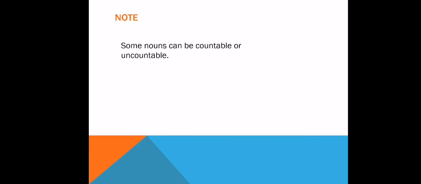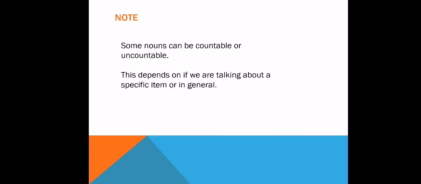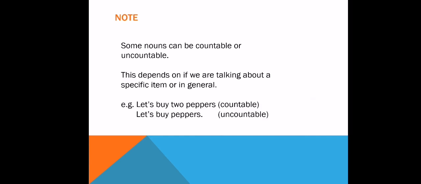Next. Some nouns can be countable and some nouns are uncountable. It depends on whether we are talking about a specific item or in general. Let me simplify for you. For example, let's buy 2 peppers.